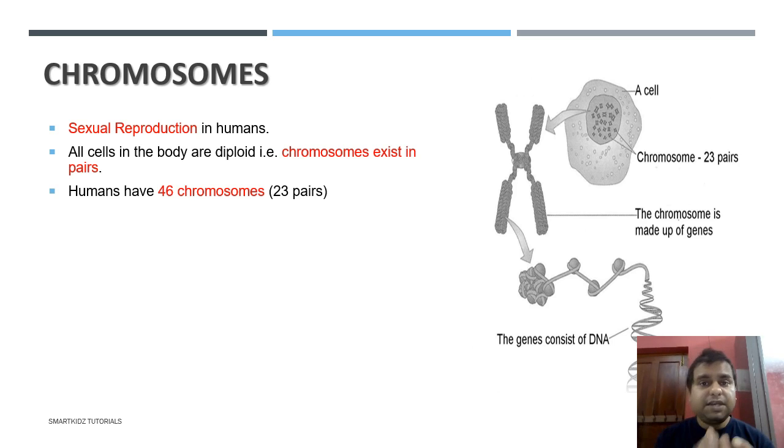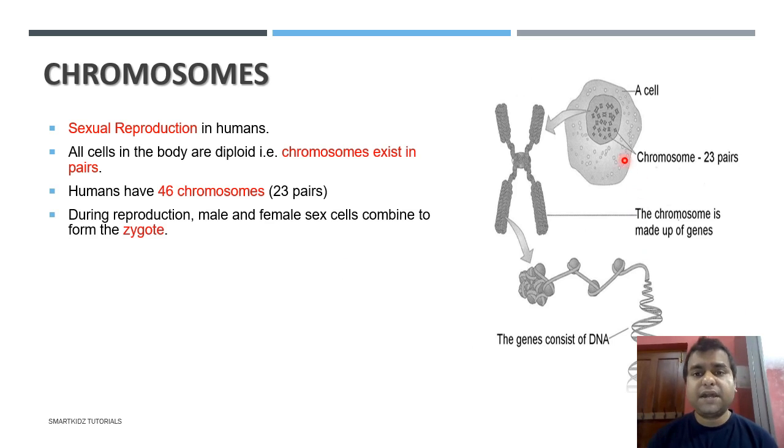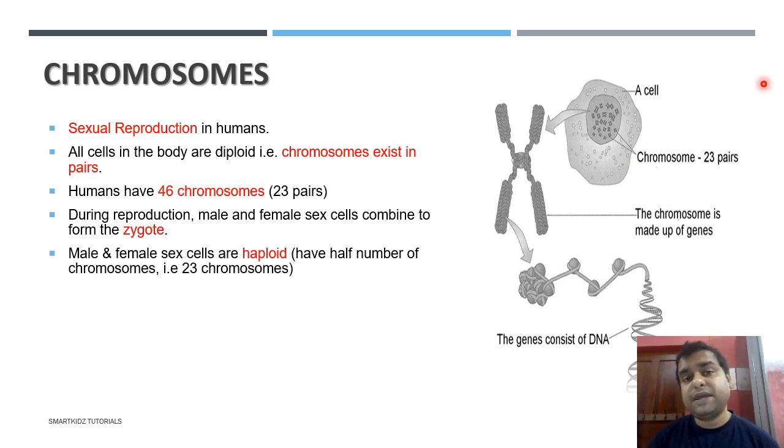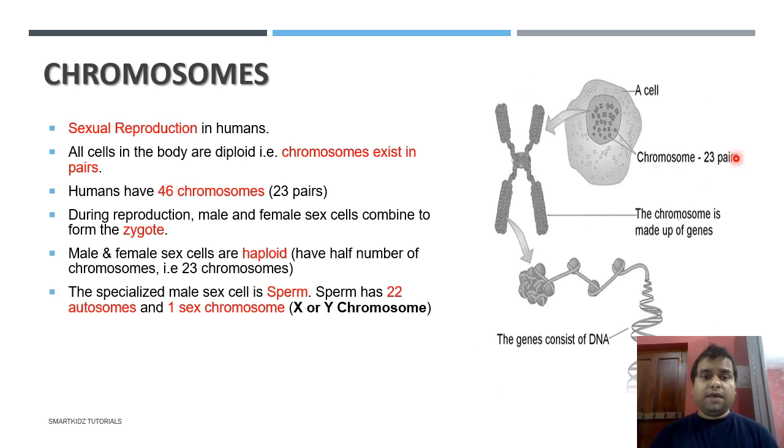Now, the genetic material is composed of something we call DNA, or deoxyribonucleic acid. Short segments of that DNA make up something we call genes, and many genes together make up what we call chromosomes. So in this diagram that you may see, there is a cell. The cell has a central part in between. That is the nucleus, and that nucleus has chromosomes. Now we are referring to just humans.